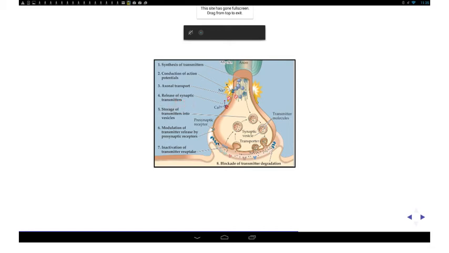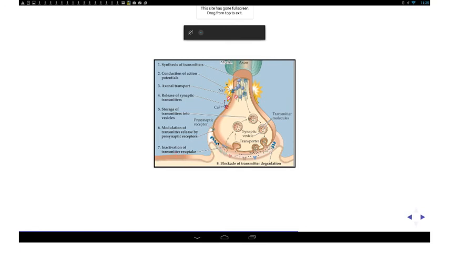So obviously there are things that we talked about that affect the release of synaptic transmitters. Nicotine, for example, causes an influx of calcium and causes an increase in the release of neurotransmitter. That's one of the ways that nicotine works. We also talked about presynaptic receptors, and the case of nicotine affects release.